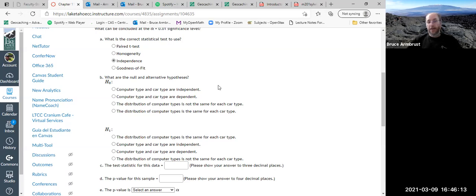The null, whenever you're doing the test for independence, is that computer type and car type are independent, right? That's always the null hypothesis when you're doing a test for independence. The alternative hypothesis is that the computer type and car type are dependent.